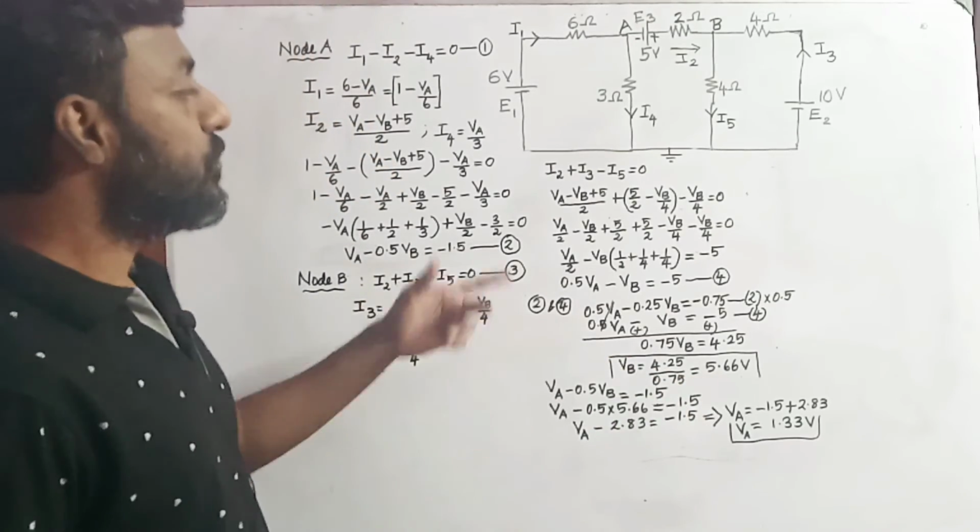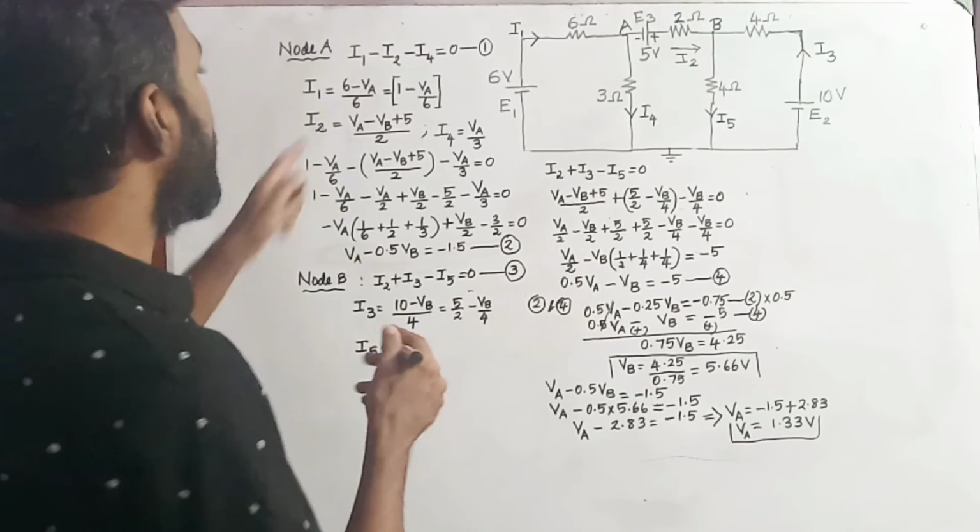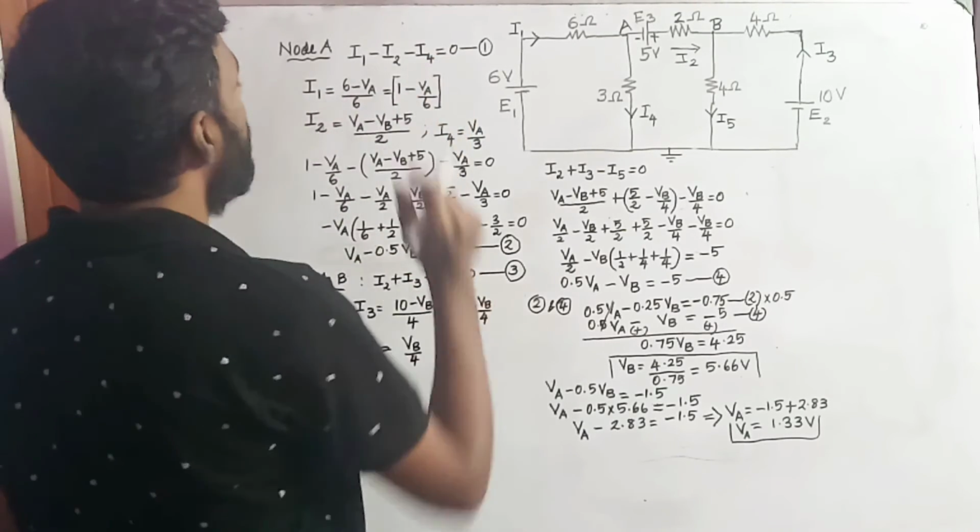Now they are asking us to find the branch currents. We know the branch current I1 can be expressed as (1 minus VA) divided by 6.